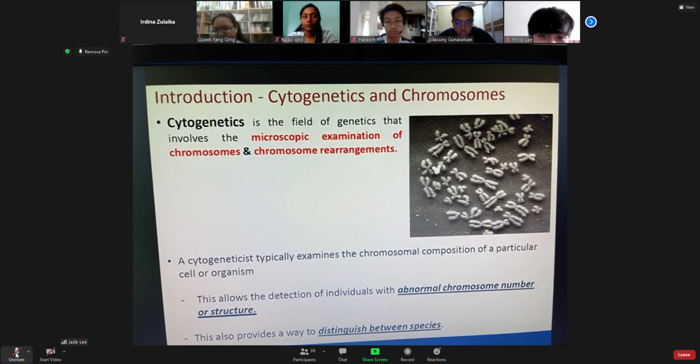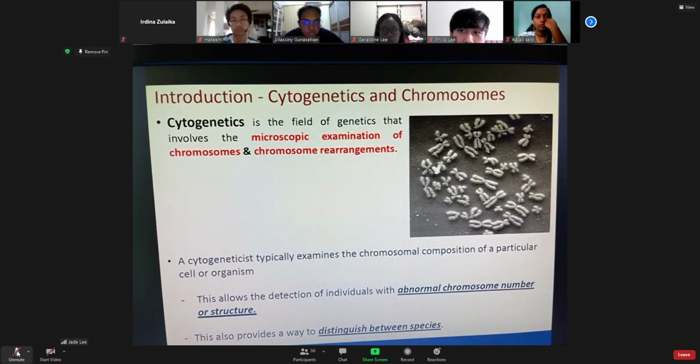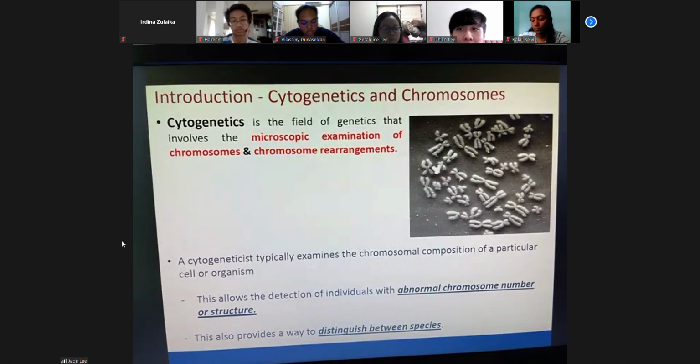Genetic disorder. They have a genetic disorder, abnormal mutation. Contohnya? Down syndrome. Apa lagi? Turner syndrome, Klinefelter's, right? Banyak kan?